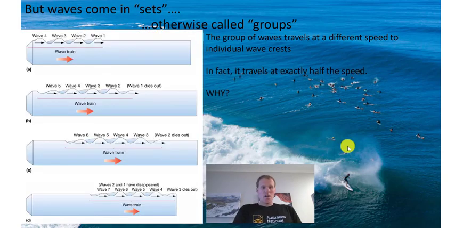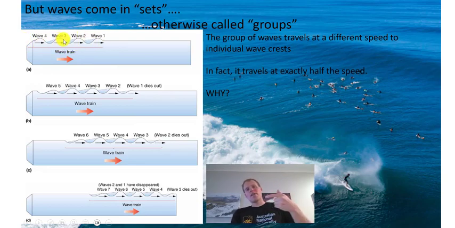Well, you can imagine you have this group of waves propagating here. So each of these individual waves is traveling at that phase speed that we figured out. But there's these 4 waves in the group. And what you'll find if you watch these things is the first wave will gradually die out, but a new wave will form at the back.